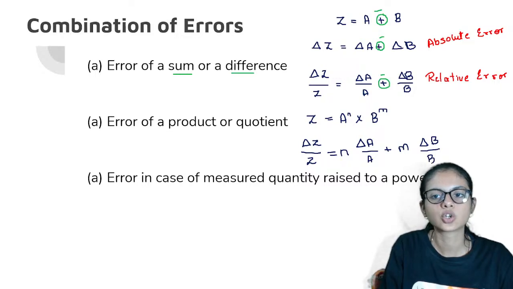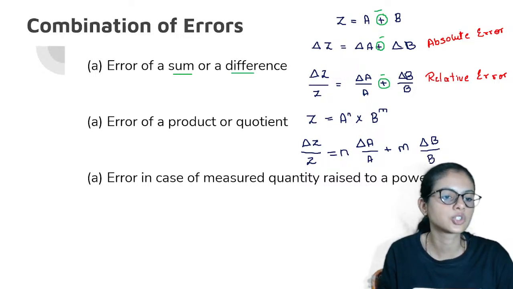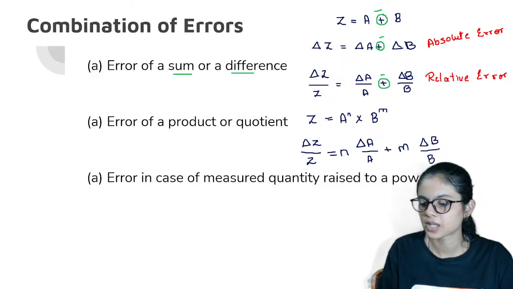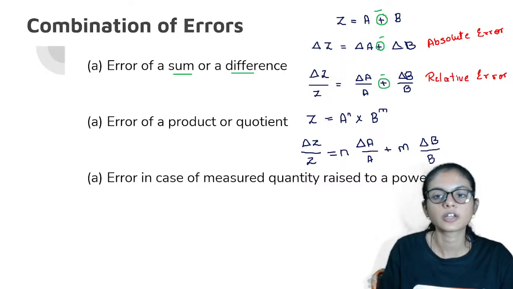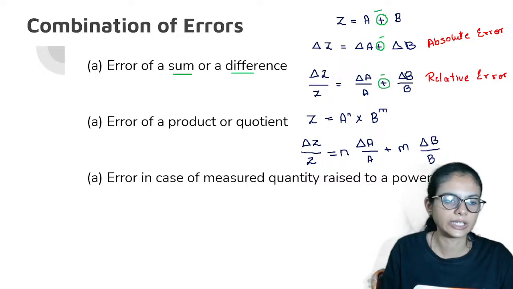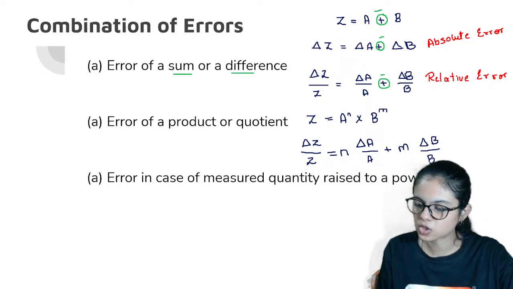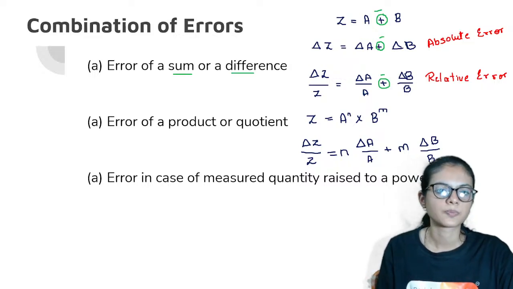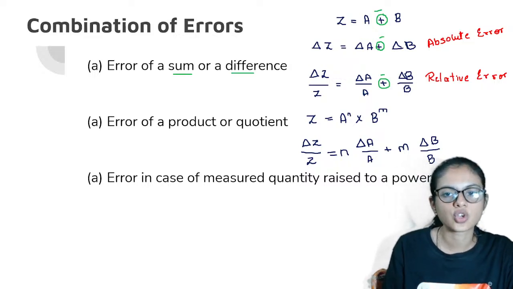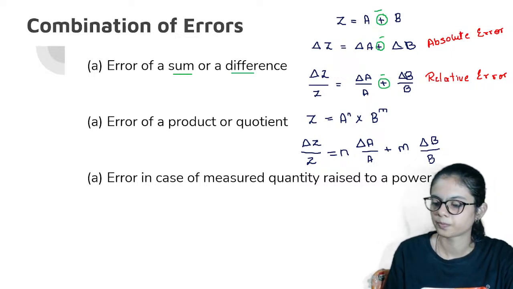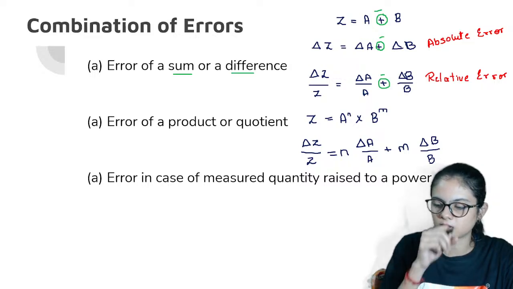So this is the product rule which we are applying here. Is it clear? This is the relative error for the product of things. Or the raised to the power also you can consider it. Error in case of a measurement raised to a power. So how to calculate it? Clear?